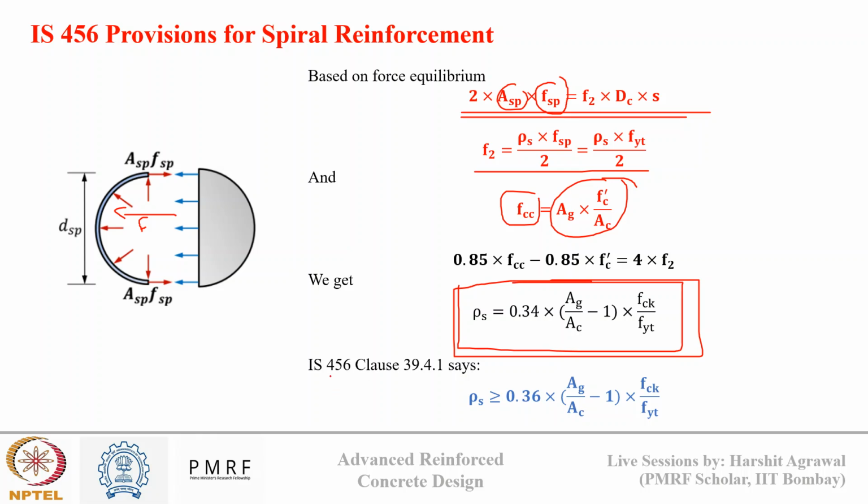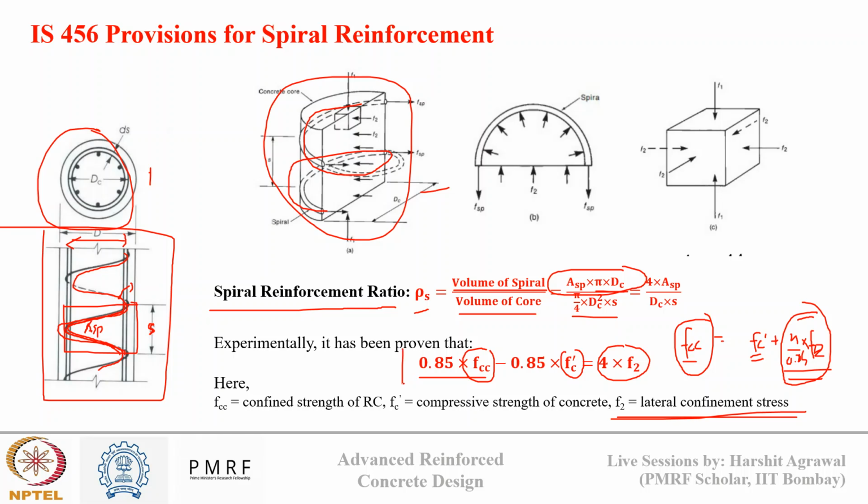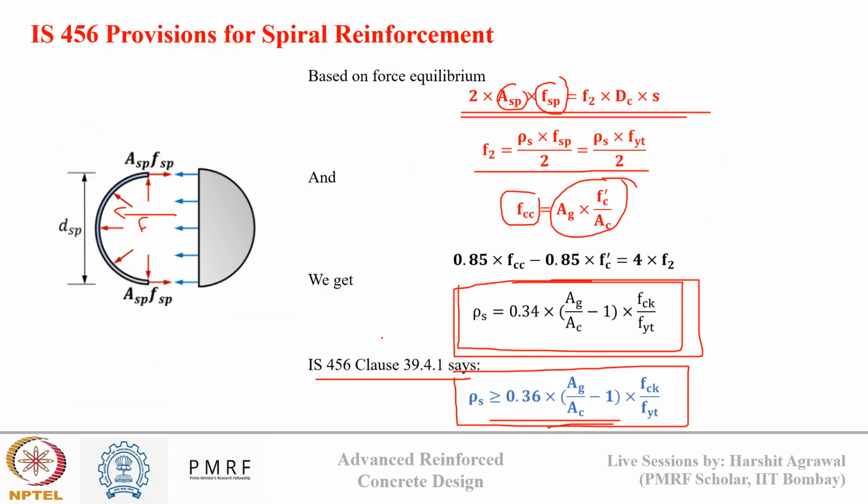What clause 39.4.1 says is that the spiral reinforcement ratio should be at least greater than this equation, to ensure that effective confinement pressure is created by the spiral, so that this experimentally proven equation is followed. So this is what happens when we talk about spiral reinforcement.